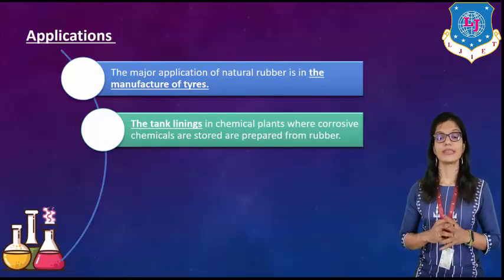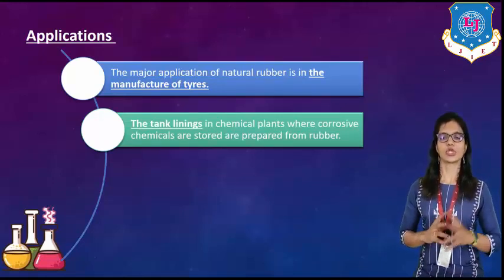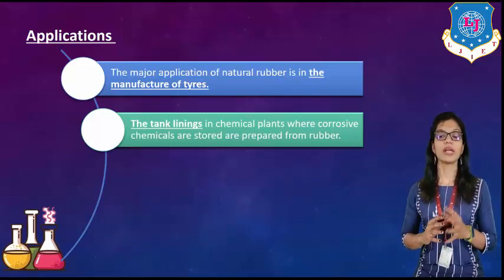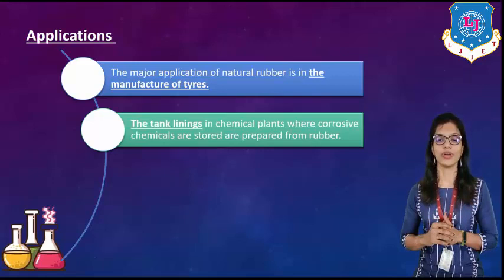Second is the tank linings. The tank linings in chemical plants where corrosive chemicals are stored are prepared from rubber. What will happen?